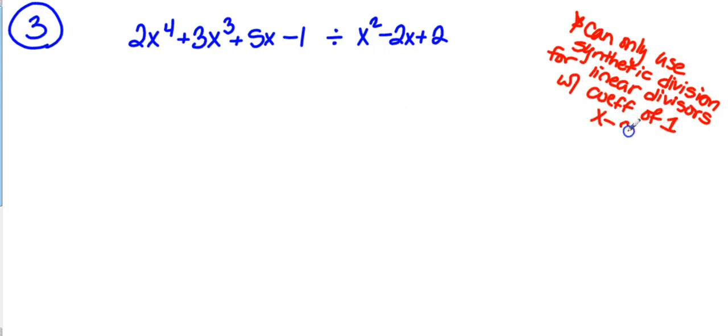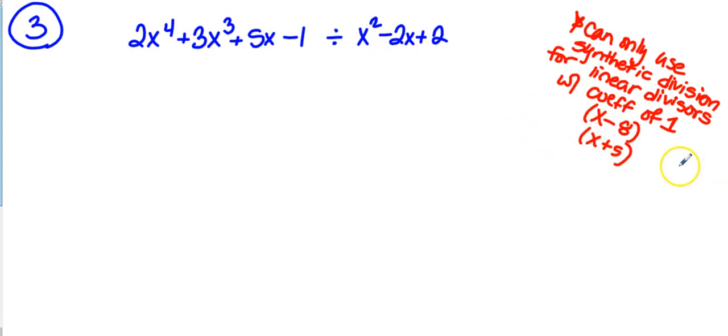So like x minus 8, that's a linear divisor, coefficient is 1. x plus 5, linear term of x, coefficient is 1.